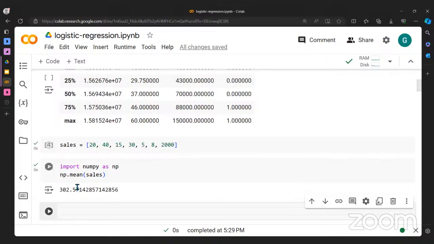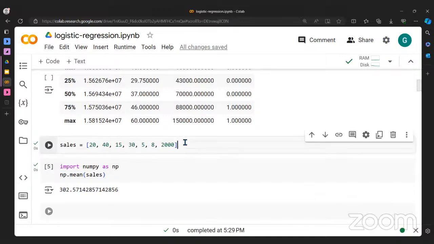So it's saying that on average, you're making a sale of 302, which you agree with me is not really correct. Because when you say an average of 302, it means that on a frequent basis, you're making this amount of sales.